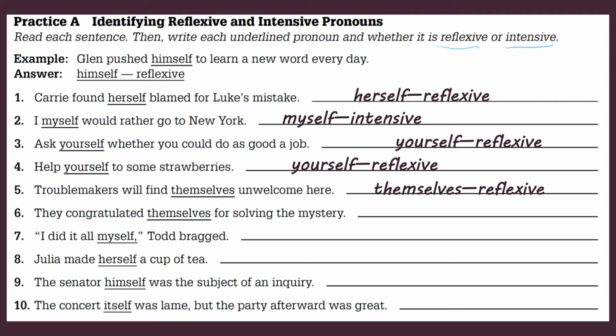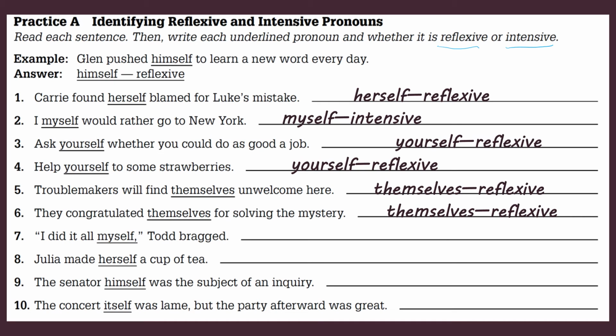Number 6, they congratulated themselves for solving the mystery. So as you can see here, they congratulated whom? They congratulated themselves. We are just reflecting. So here this pronoun is used to direct the action of congratulating toward the subject. Therefore, it is reflexive.